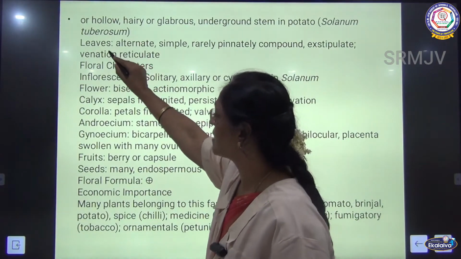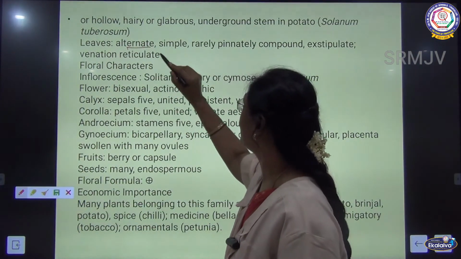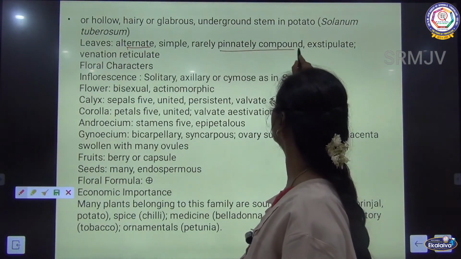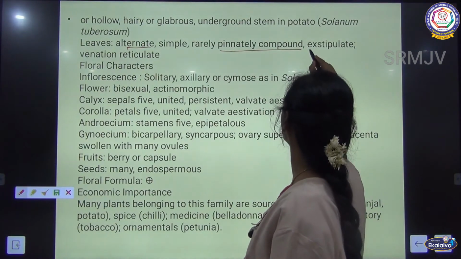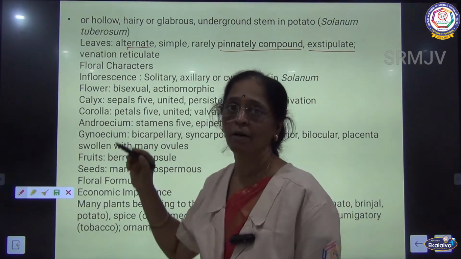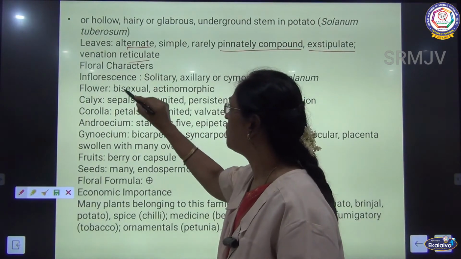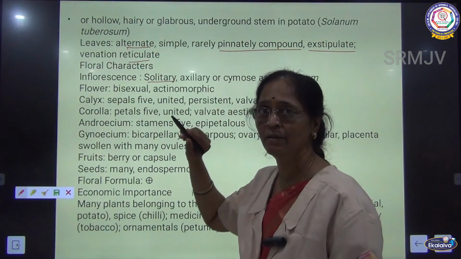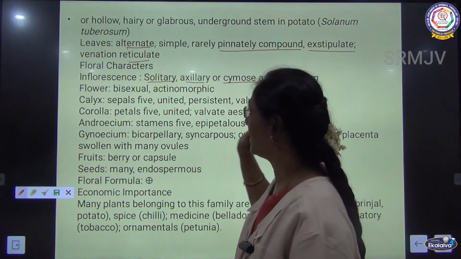And the leaves, if you see the description here, the leaves are alternate, simple, rarely you will find that they are pinnately compound, and no stipules are there, so it is exstipulate, and because it is a dicotyledon, it has reticulate venation. And inflorescence, when we see, it is solitary, axillary or cymose, as we see in Solanum.